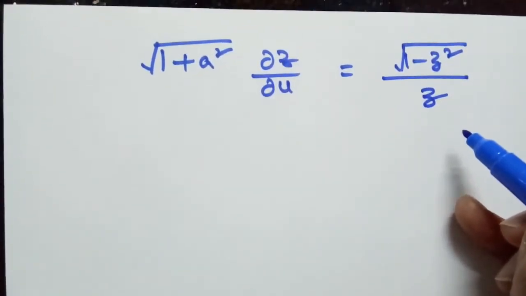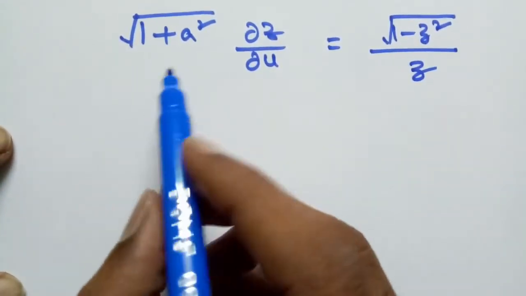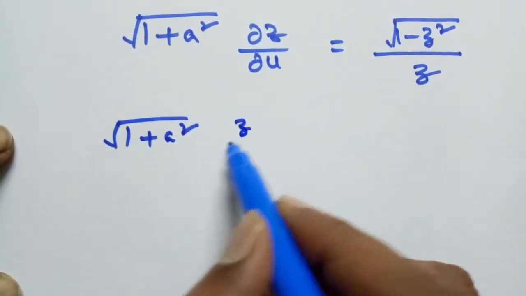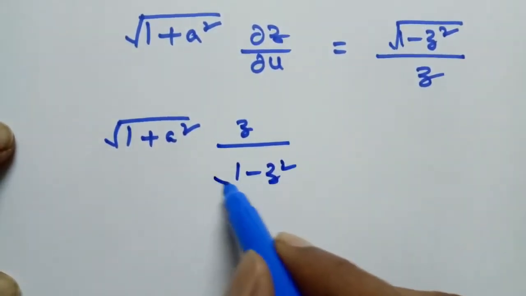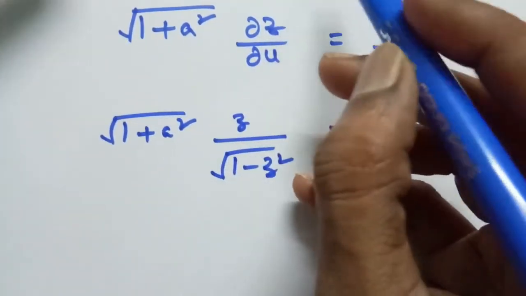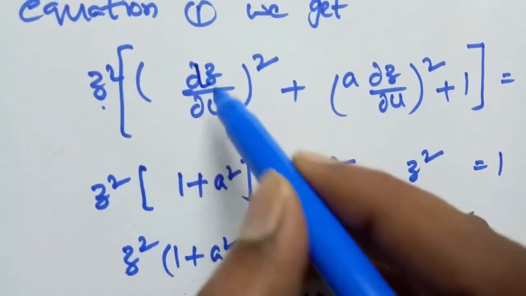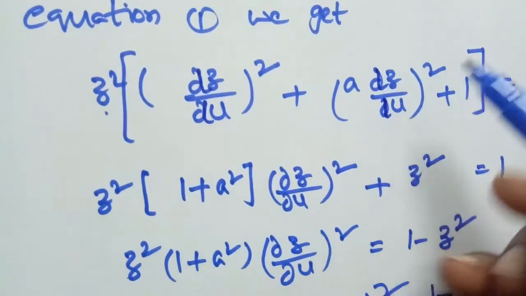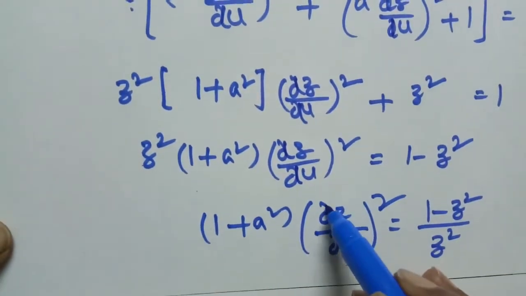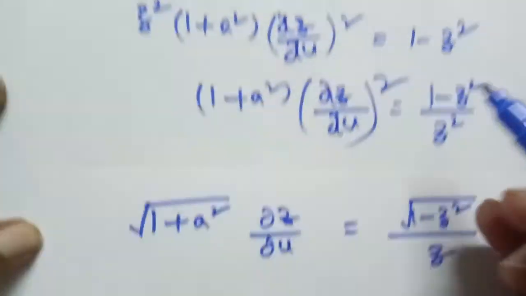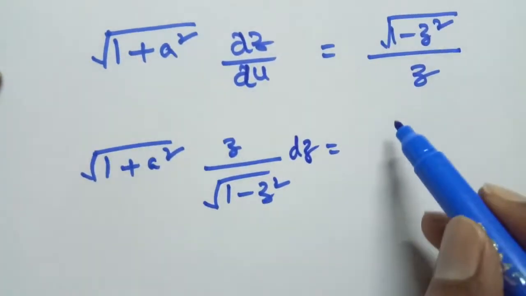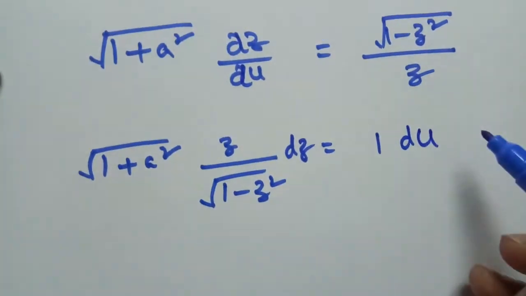Now by variables separable, this can be written as square root of 1 plus a square into z by square root of 1 minus z square into dz equal to 1 into du.